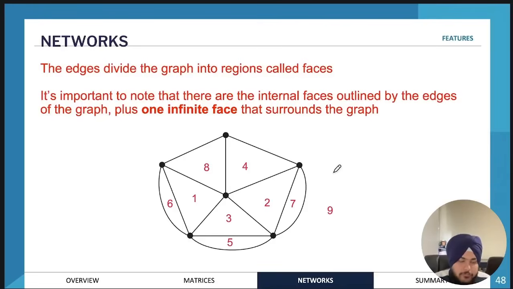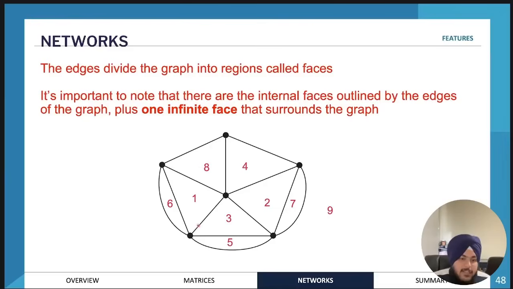Okay. So now we'll have a look at the faces of a network. The faces are just the regions connecting between connected vertices and edges. So for example, this entire thing over here, this triangle, would be considered a face.